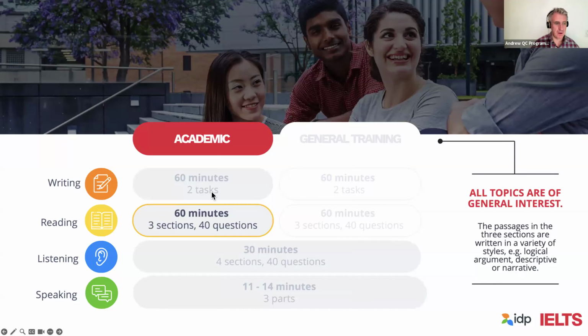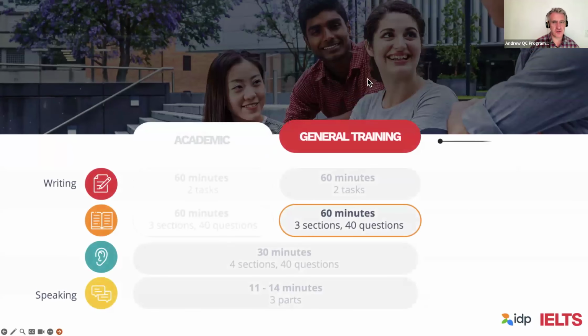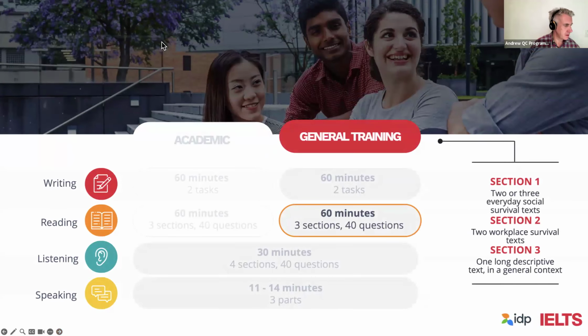It's quite a lot. In general, a difference with the general training is that it has a different objective to the academic reading test.